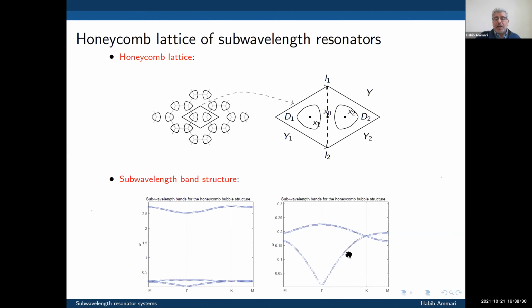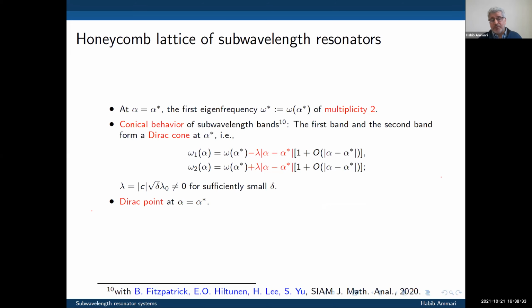At this K point there is a Dirac point, and near that point the first band and the second band behave like this, so there is a conical behavior of these bands. At that K point, the first eigenfrequency is of multiplicity 2. And at that point, there is what we call a Dirac point.